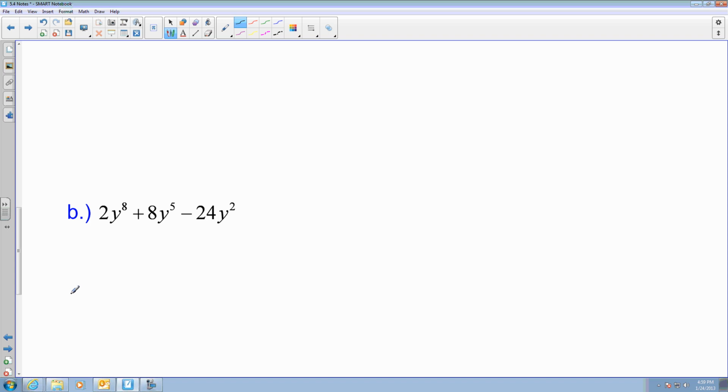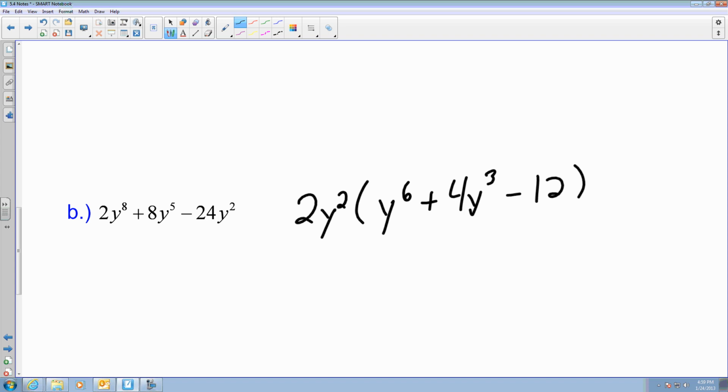Looking at B, I can factor out a 2y squared here, which gives me y to the 6 plus 4y cubed minus 12. So I can reverse FOIL this. So I got parentheses, parentheses. I got y cubed and y cubed.